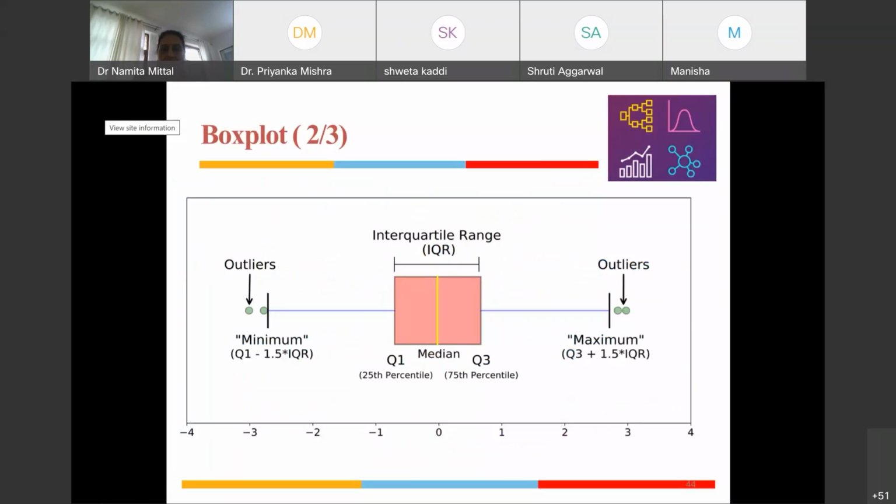Here you can see the minimum is Q1 minus 1.5 IQR, where IQR is Q3 minus Q1, and the maximum is Q3 plus 1.5 IQR. Beyond the maximum and minimum, if we get some values, those are outliers. The students who are outliers can be paid attention. This is how this example works for the academic purpose.